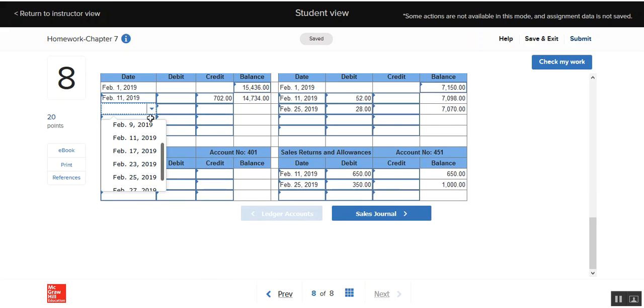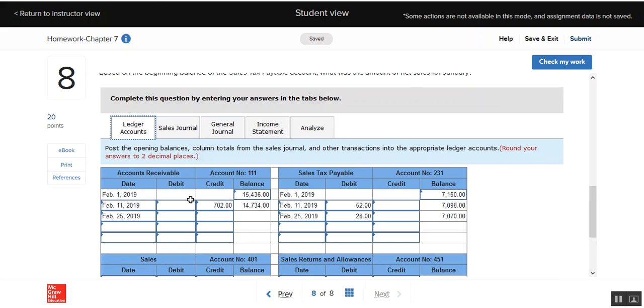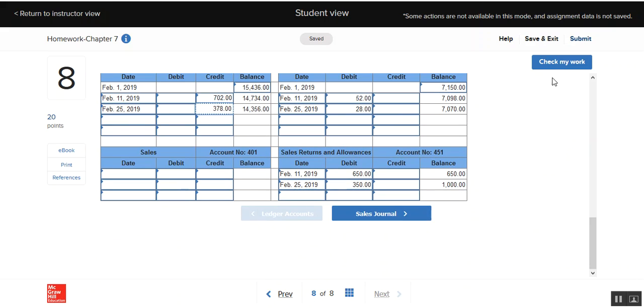And we're doing something to accounts receivable. Let's see, accounts receivable, it comes down $378. All right.